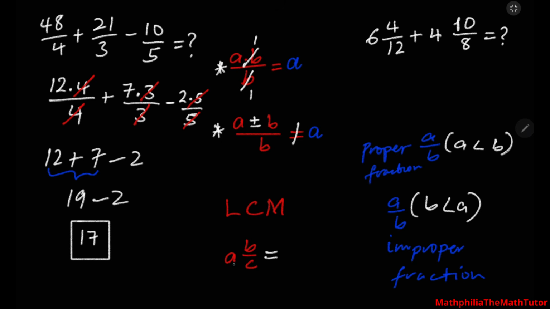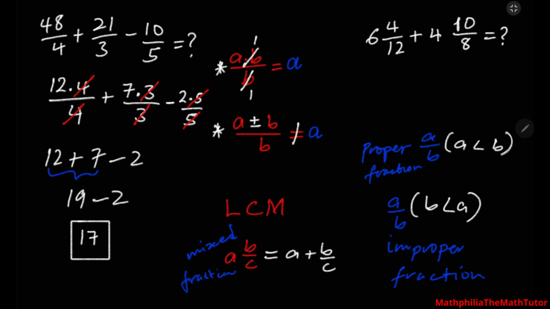So I said whenever you have this, it is the same as A plus B over C, okay? When you have this, these are called mixed fractions, by the way. So you can write this in the form A plus B over C. These are equal.